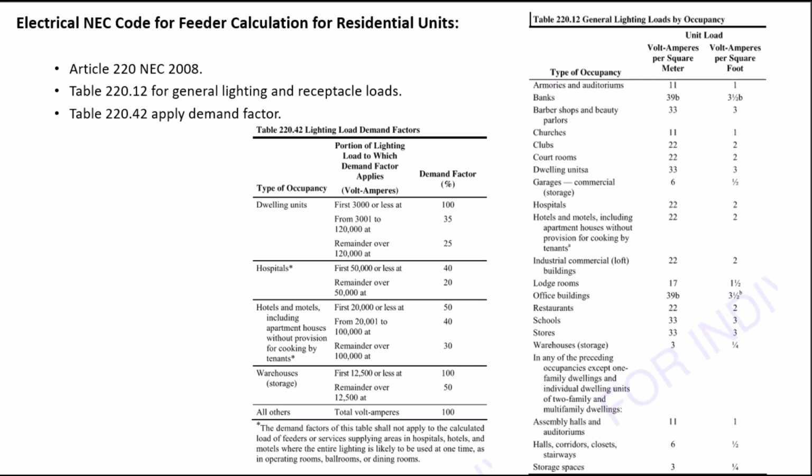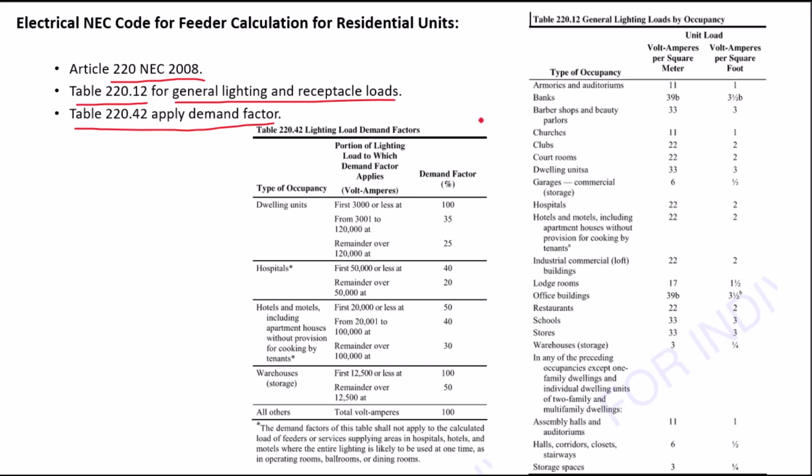And those are covered by Article 220 of the NEC in 2008, which is the current code during the time of this video. And you would have to follow your current code at the time of your project. Table 220.12 will give you the requirements for general lighting and receptacle loads. And table 220.42 will give you the demand factors that you could apply.